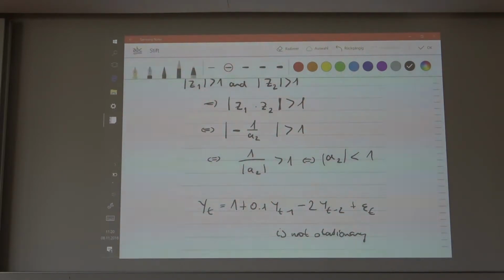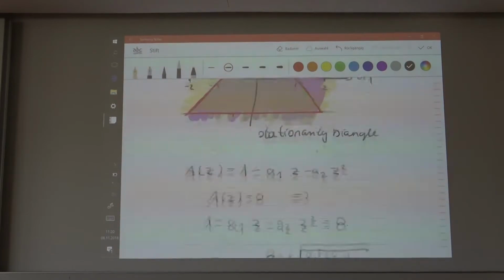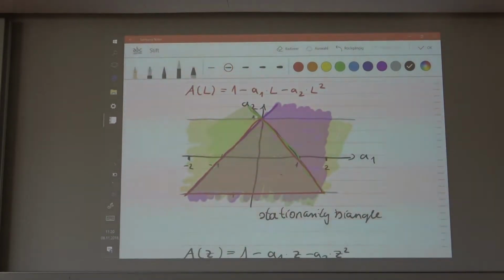The second is you check whether or not the points are in the stationary triangle. It's up to you.